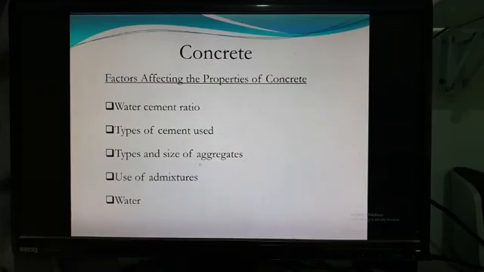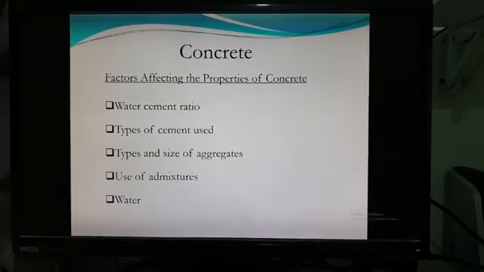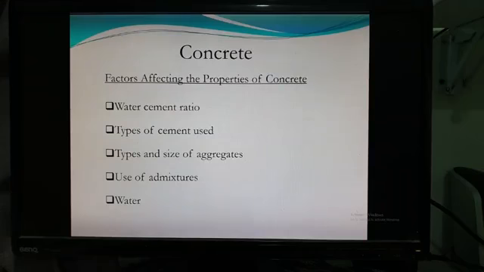What type of admixture that you are using to improve properties of the concrete, such as you might want the concrete to be waterproof, so you put in admixture for waterproofing. Or you want the concrete to cure quickly, so you put in admixture for that.